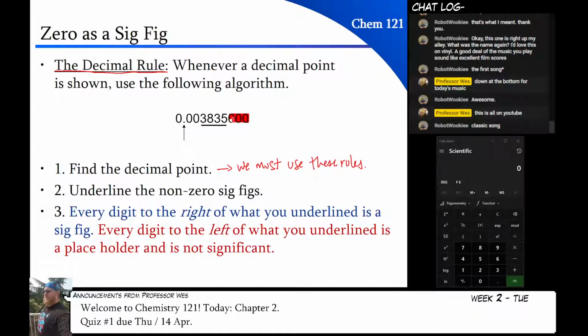But if I do that here, you'll notice that the value didn't change. It's still 0.003835, regardless of whether the zeros are there or not. Since the value doesn't change, why would we write them? And the answer is the following.